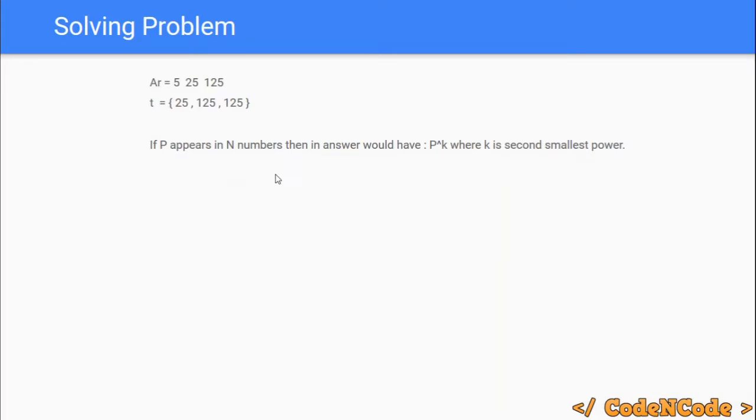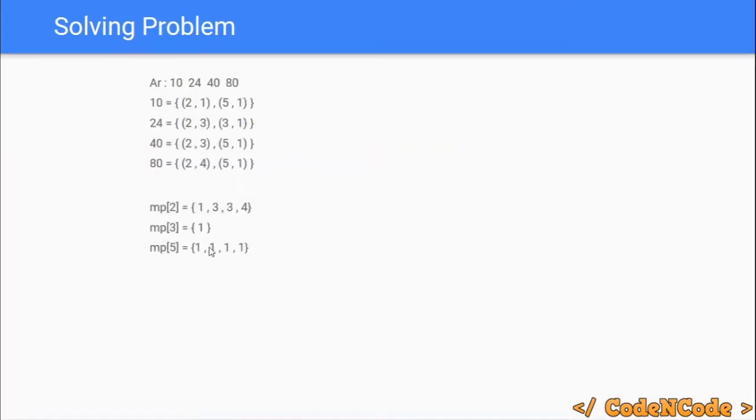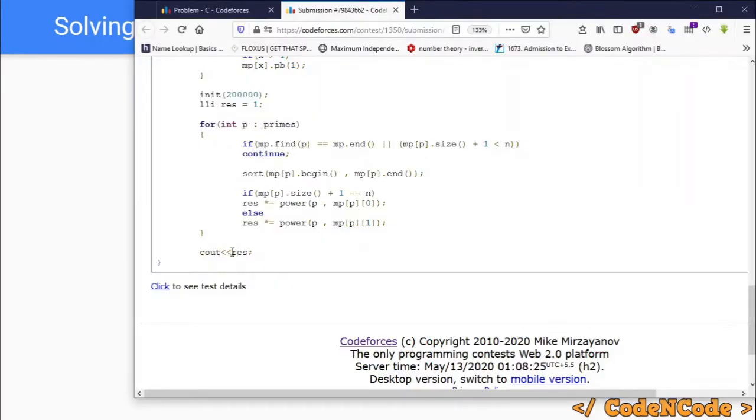For example here 5 was appearing n minus 1 times, so 5 will be present there as p raised to power k, where k is the smallest power, so we are taking the smallest power. After sorting, the zeroth element in the vector would be the smallest. Otherwise, if the prime p is appearing exactly n times, then the answer would be multiplied with p raised to the power k, where k is the second smallest, so index 1 would contain the second smallest number after sorting.